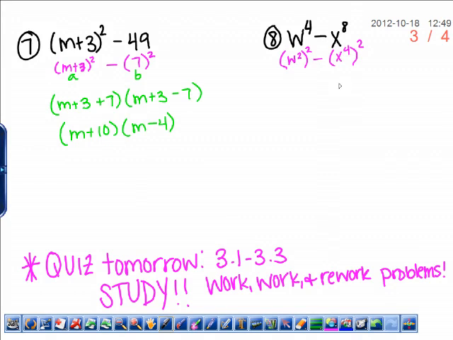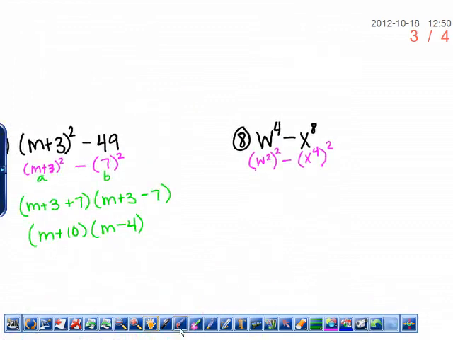Nope, it's x to the 4th because when it's power to a power, when you've got an exponent being raised to another exponent, you multiply, okay? The idea is if I had x to the 4th squared, that's the same as x to the 4th times x to the 4th, right?